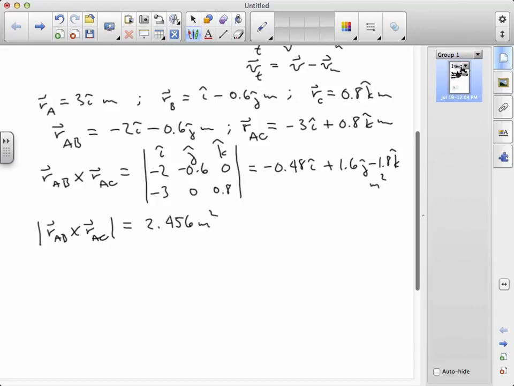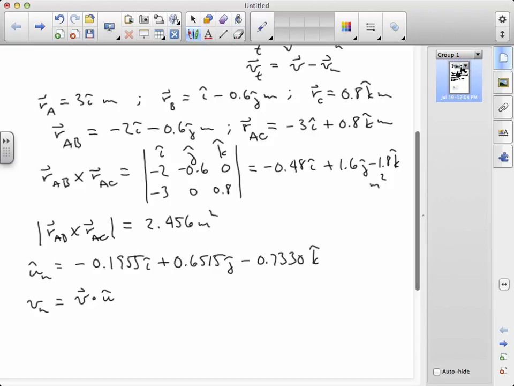So our unit vector, normal to the plane, actually going into the plane, is RAB cross RAC divided by its magnitude, and when we plug the numbers in, we end up with minus 0.1955 I plus 0.6515 J and minus 0.733 K.